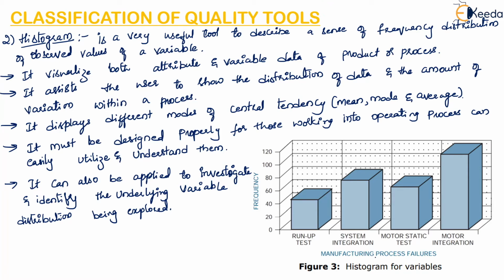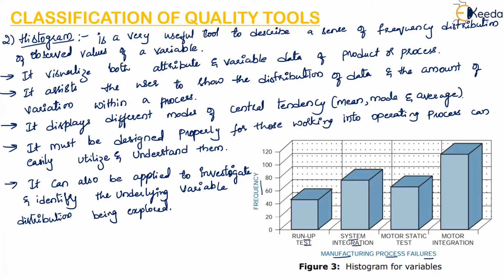So here there is a histogram for variables, and this histogram is for manufacturing process failures. So this is the frequency and there is each process. So this is the run-up test. So you can see there is a block formed here. Then there is a system integration. The failure of system integration is more compared to that of run-up test.